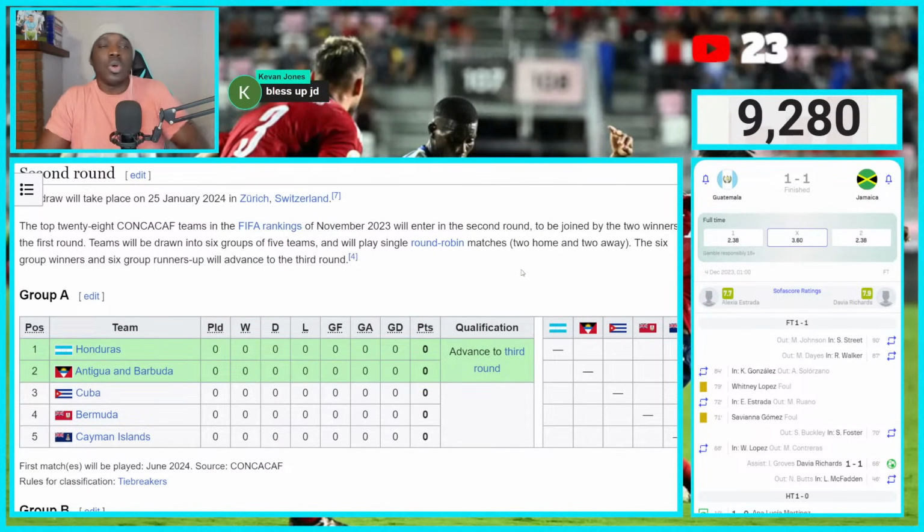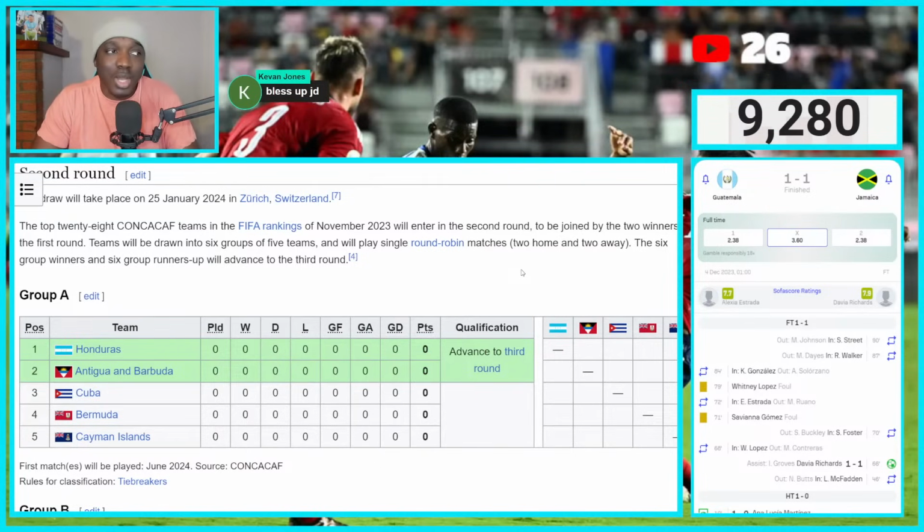All right, so let me just go through to the actual groups so we can explain to you how the next 2 will come in. The top 28 CONCACAF teams in the FIFA rankings of November 2023 will enter in the second round, to be joined by the 2 winners of the first round, which we just talked about.